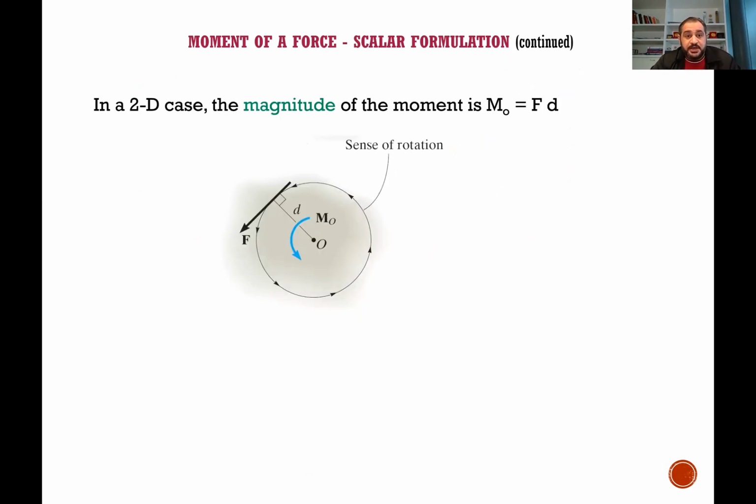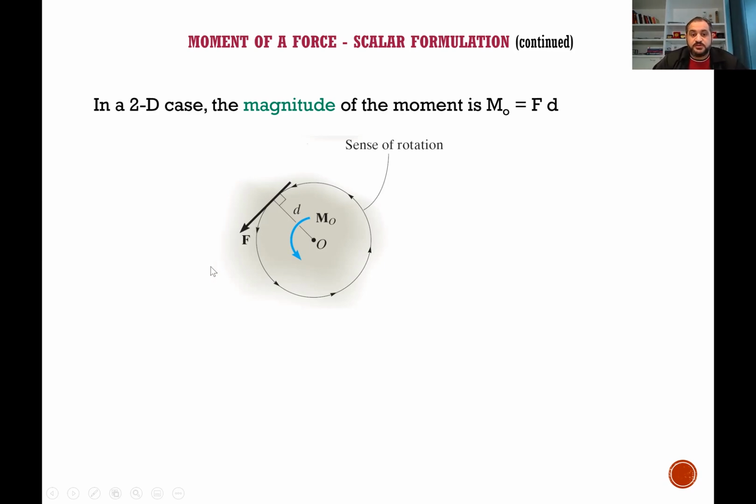In the 2D case, the magnitude of moment, let's say in this particular example, we have this plane, and then there is a point of rotation, we call it point O. Then we have a force applied on this plane, a circular shape, let's say here. This will generate a moment about point O. So we have a certain perpendicular distance from point O to the action point of the force vector here, which causes a moment.